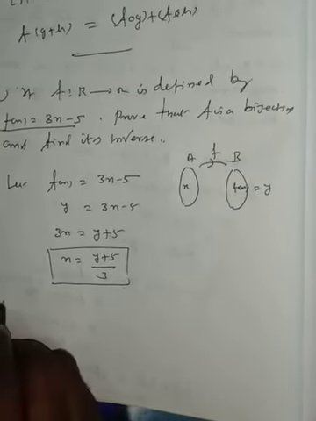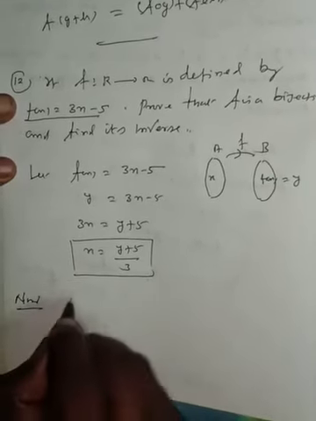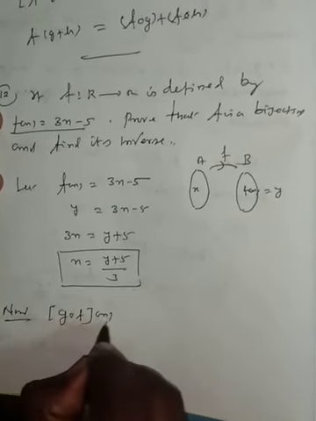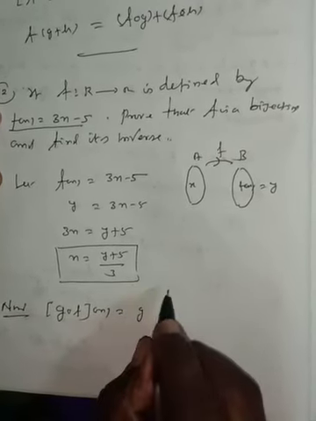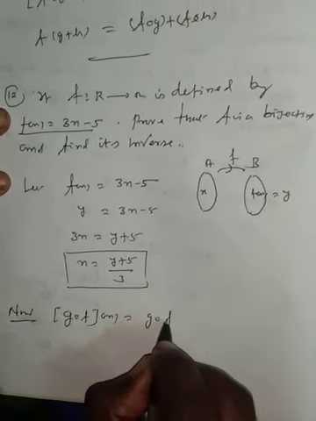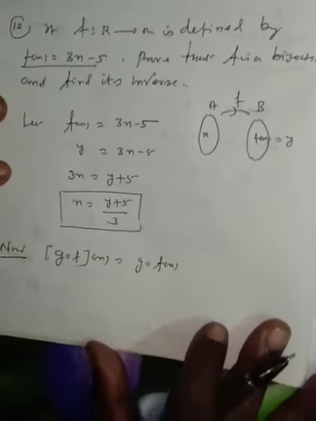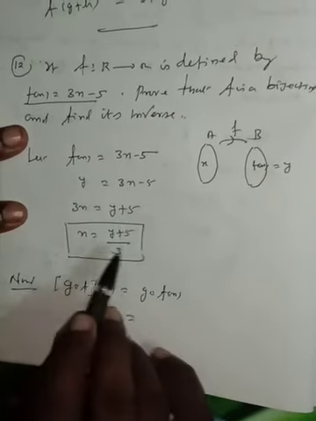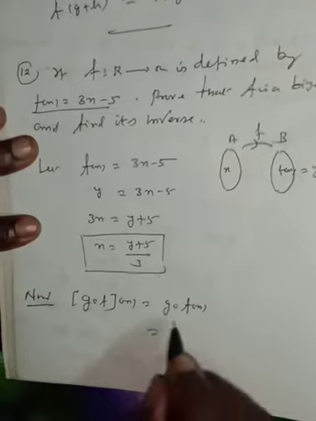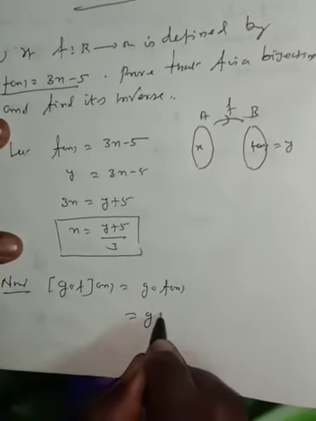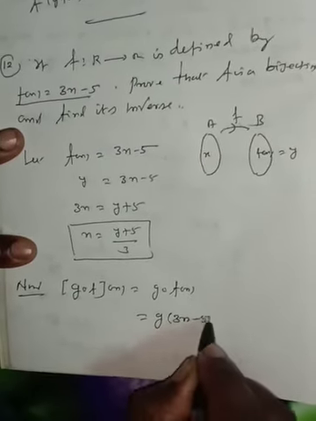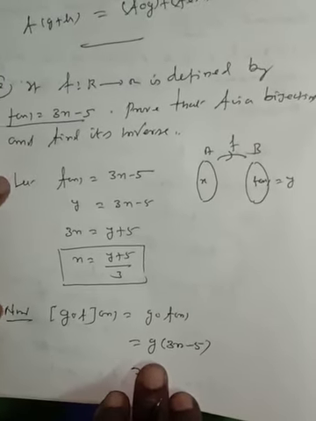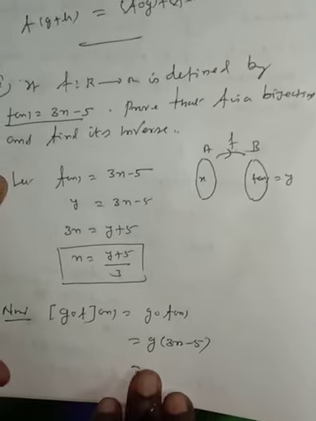Now (g of f) operating upon x is equal to g of f of x. f of x is y, therefore y is 3x minus 5. g of (3x minus 5): g of y is (y plus 5) divided by 3.